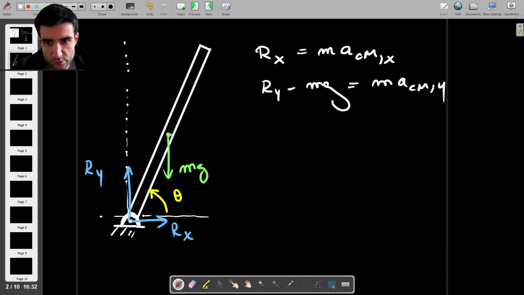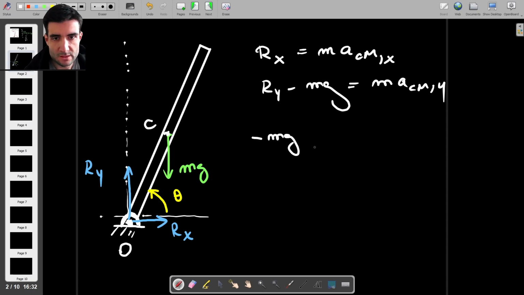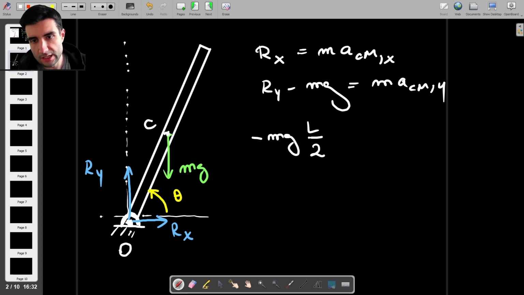In terms of moments, let's take moments about this point O, and let's call this point here C. If we take moments about O, the only force which produces a moment about O is the weight, right? So we have minus mg, because this produces a clockwise moment, multiplied by L/2. I'm looking at this distance, and the perpendicular distance to mg is essentially L/2 times cosine of theta.